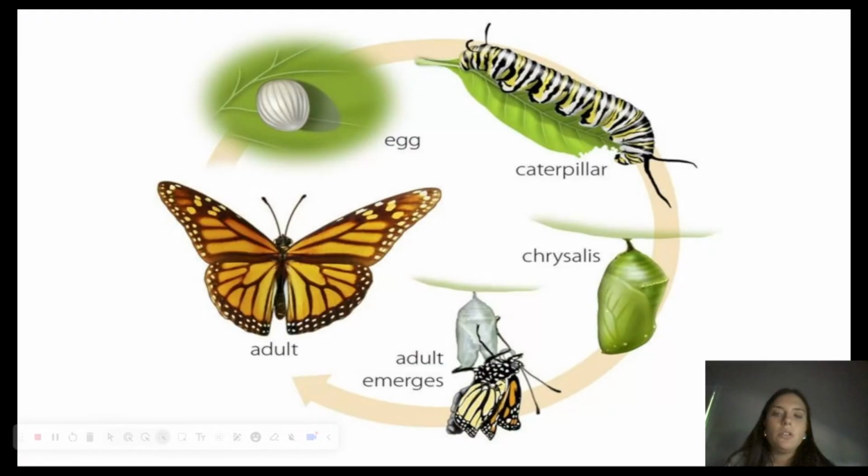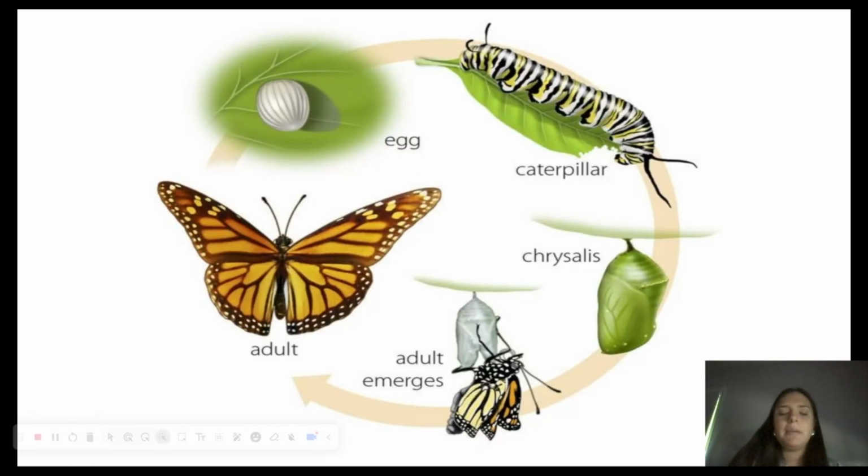So again, it starts as an egg, and then we see it develop into a caterpillar, and just like the frog, it eats its own shell that it was born in. And then once the caterpillar eats enough, it gets all its yummies in its belly, it becomes a chrysalis, and we see it hang upside down from the branch.